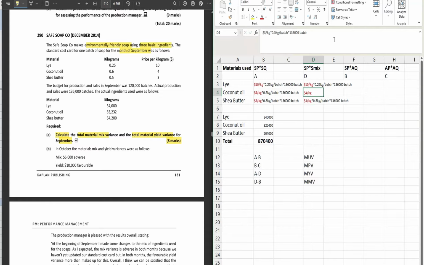I am just putting the SP figure because it is the same in the rest of the column as well. So that's why I'm just copy pasting this here as well.